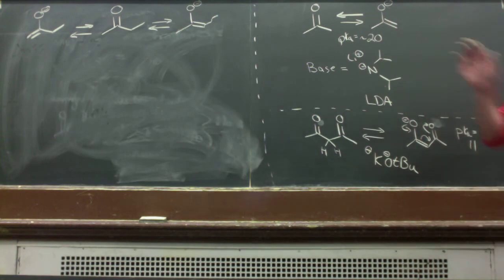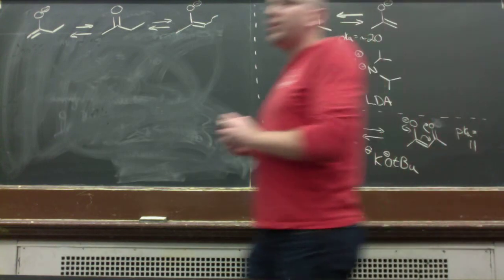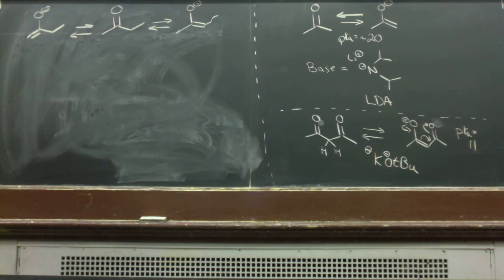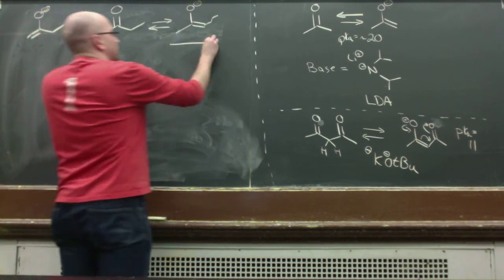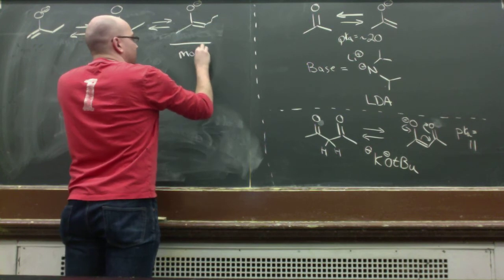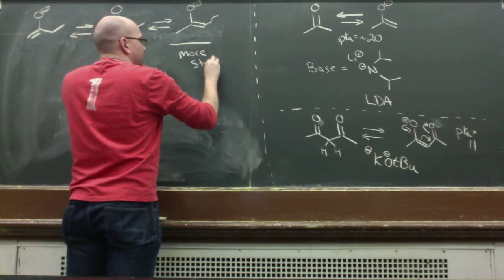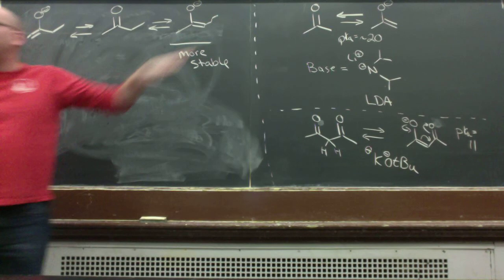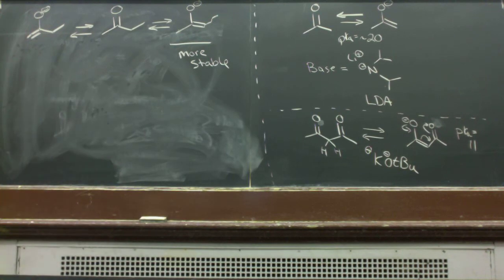Okay, if I had to ask you from those two enolates, which one you think is more stable, which one might you assume? The one on the right. Why? Right, the more substituted alkene, right? If I were to ask you which one is the kinetic, which one's going to be formed faster, which one might you say?